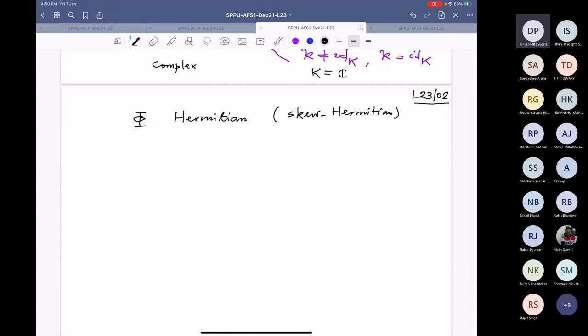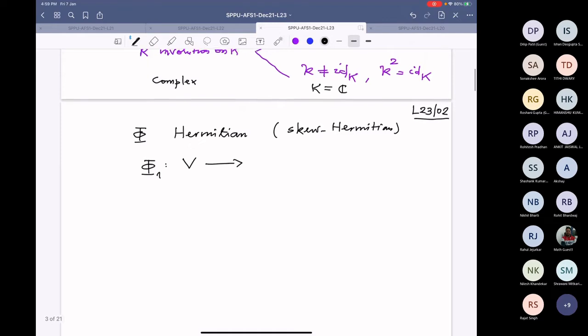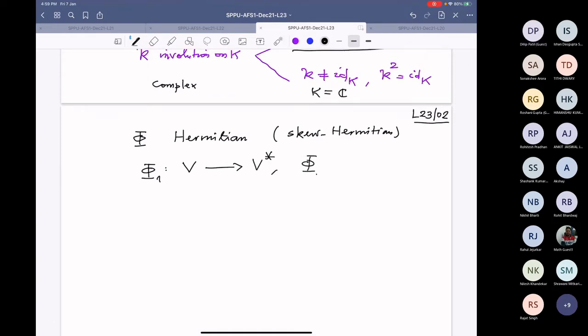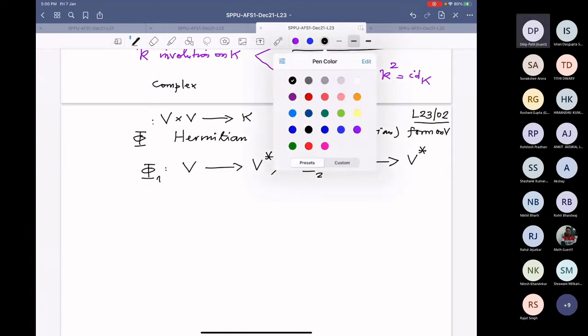Now, in this case, you remember phi1 is from V to V star, and phi2 is from V to V star again, because we are taking a Hermitian form on V. That means V cross V to K, linear in the first variable and semi-linear in the second variable.